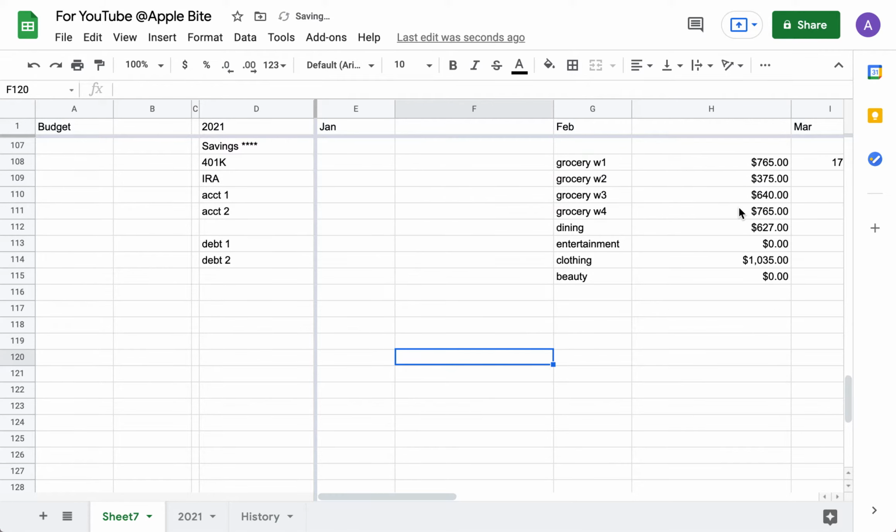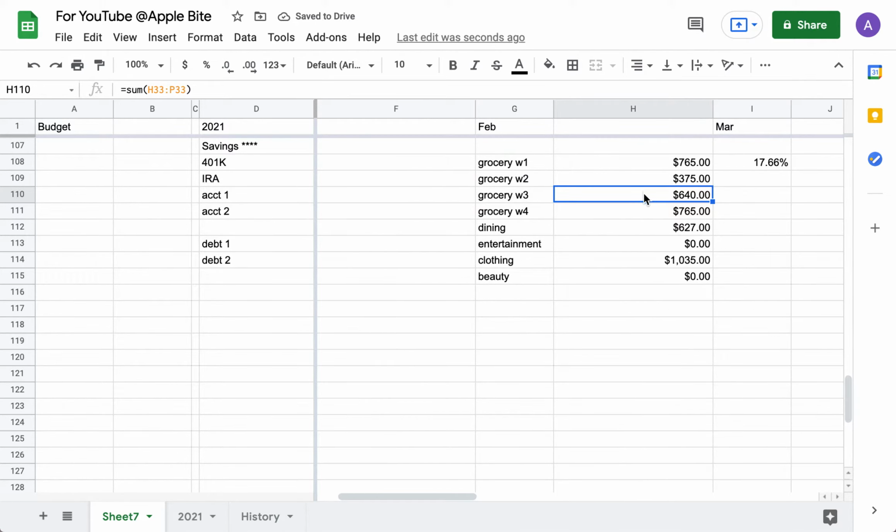Oh, I'm just trying to make sure that I'm highlighting the right columns and the right row.